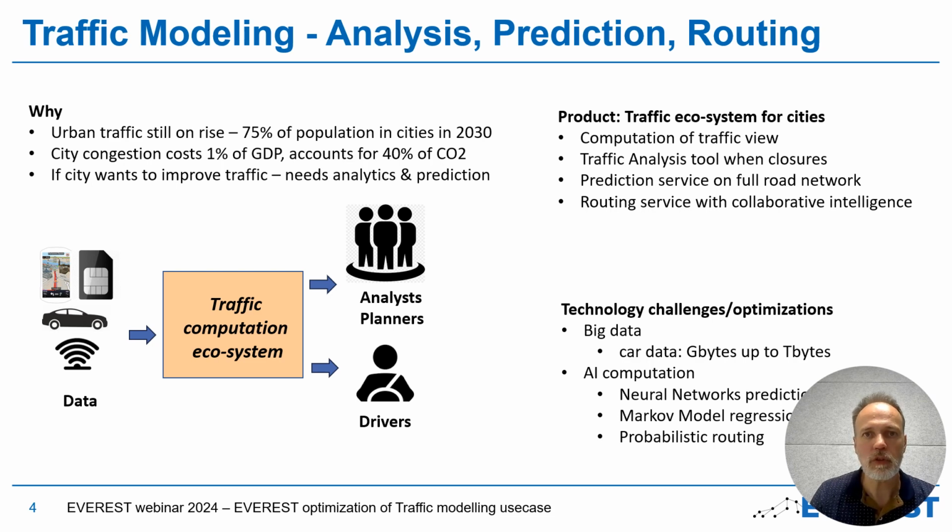From the technology perspective, it inherently works with big data, especially data we are collecting from moving vehicles, which goes up to the terabytes if we are talking about collection of data over a couple of days. And we exploit AI functions such as neural network, Markov model, or probabilistic routing.